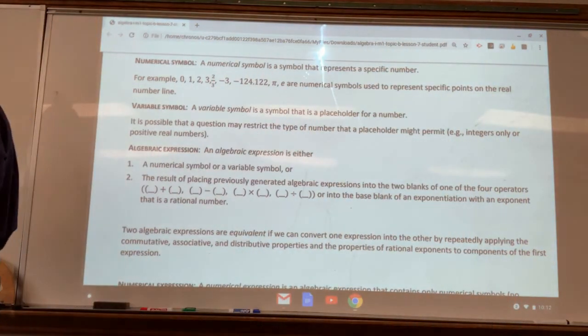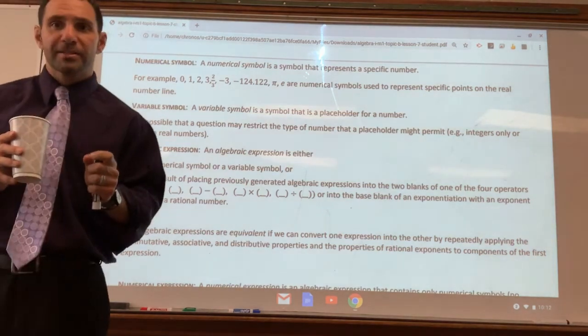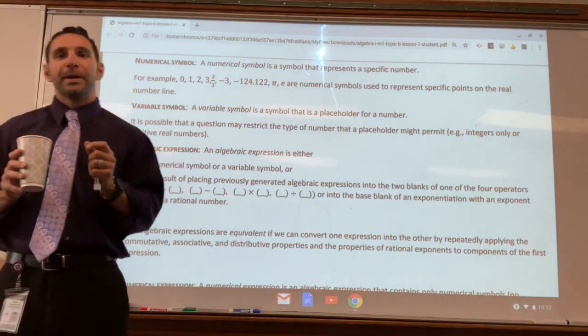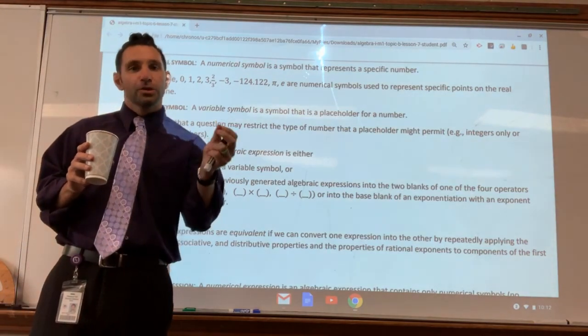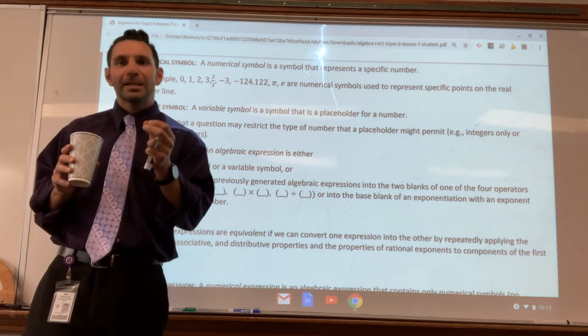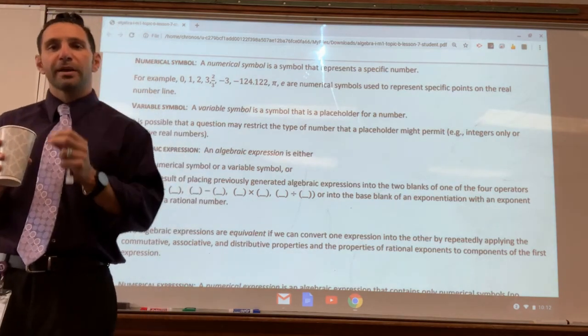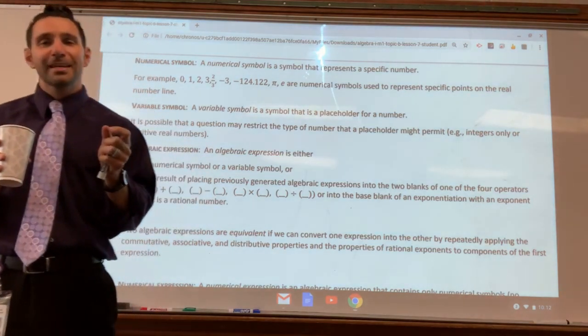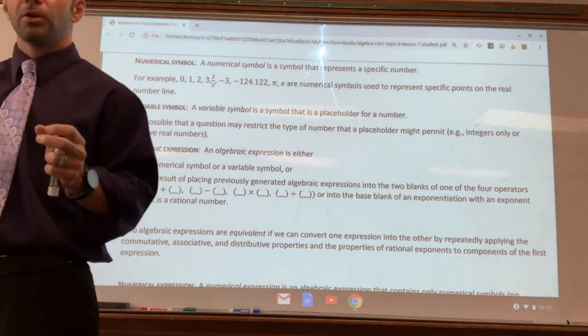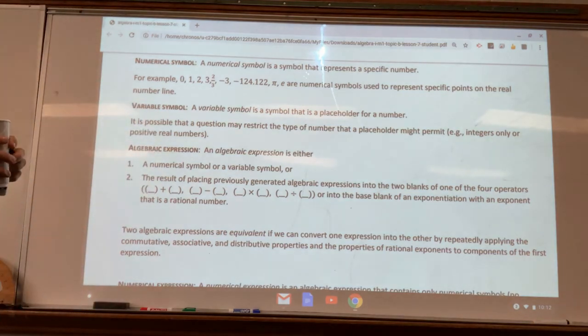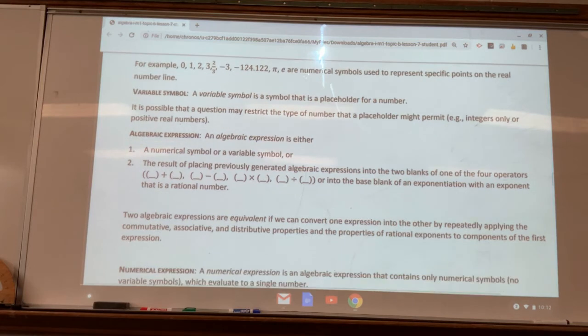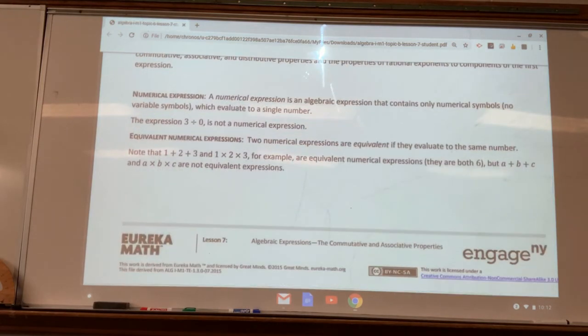Two algebraic expressions are equivalent. Equivalent means has the same value but looks different. 2 plus 4 is equivalent to 3 plus 3. They have the same value, but they look different. That is important. A numerical expression is an algebraic expression that contains only numerical symbols, which means it does not have any variables.